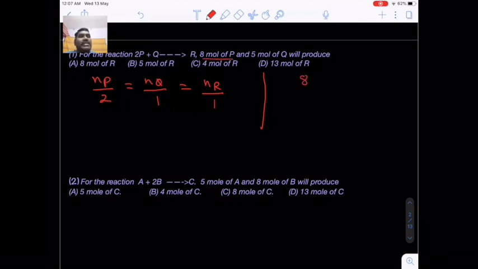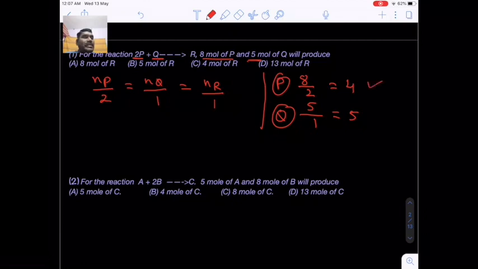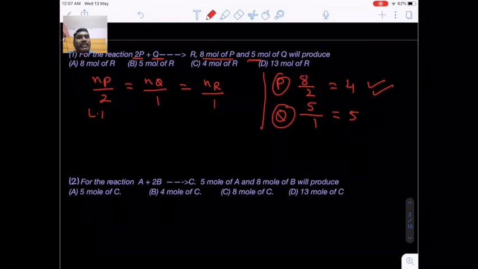What is the stoichiometry here? 2. So you have 4 as the stoichiometric amount of P. In case of Q, how many moles of Q are there? 5. Stoichiometry is 1. 5 by 1 is 5. Out of these values, one corresponds to P, the other to Q. Which value is less? 4. So P will be the limiting reagent. That means Q will be the excess reagent.